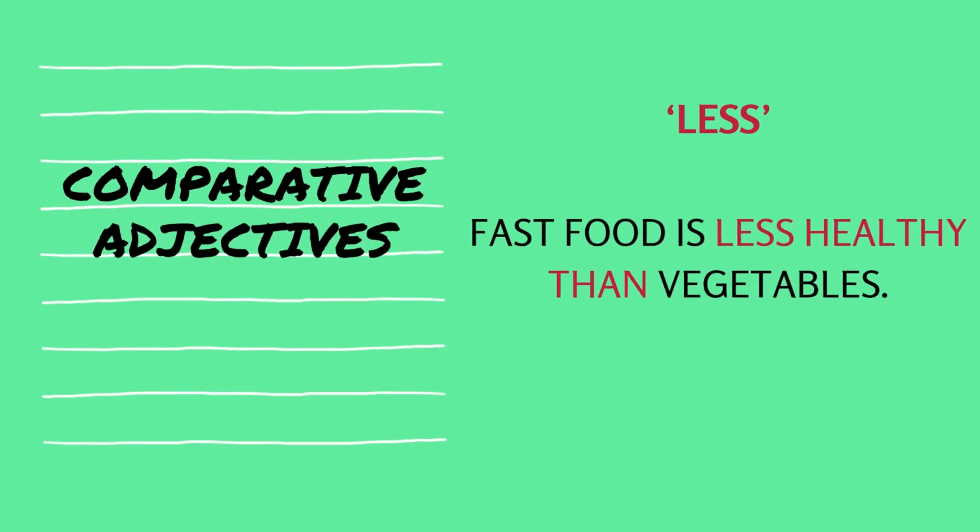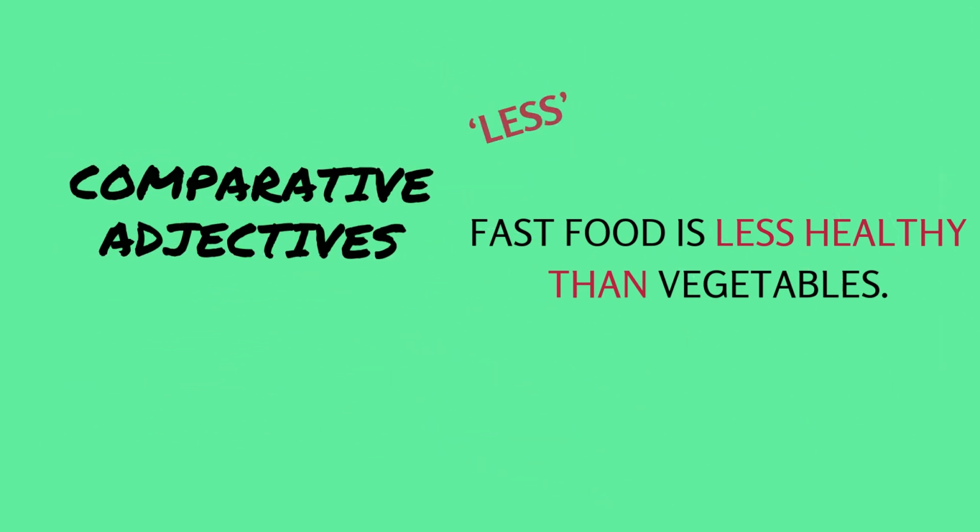Sometimes, when you need to say that someone or something has a low quality or characteristic, you use less. Fast food is less healthy than vegetables. In this sentence, as well, when you use less before the adjective, it remains the same.